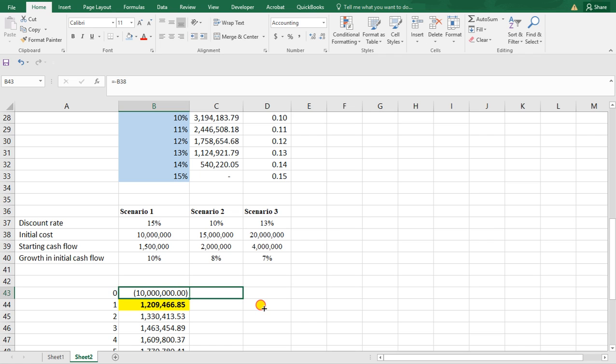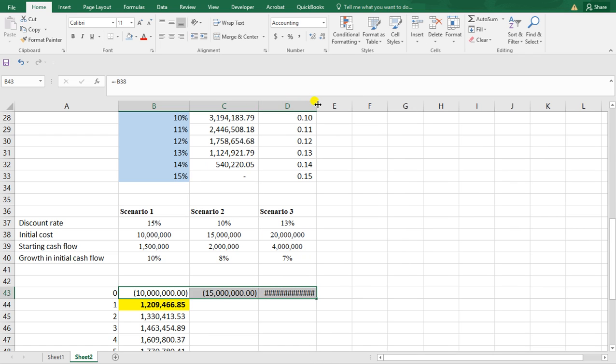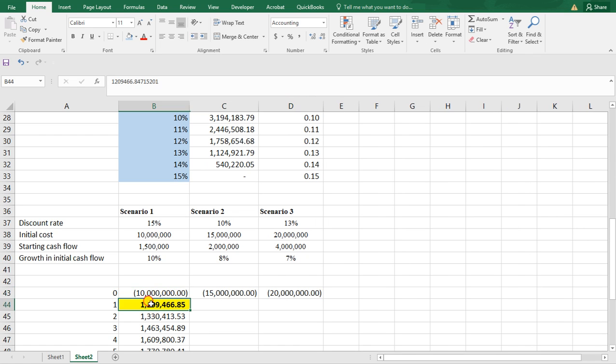So I'm going to scroll all this in all the scenarios. The other bit here, we want to take our initial, or rather starting cash flow, you're given 1.5.